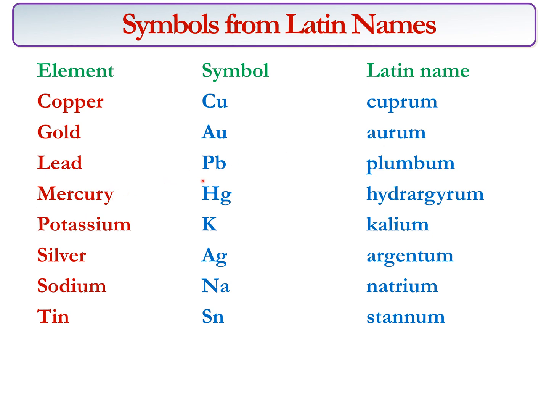Lead is capital P, small b, and the Latin name is plumbum. Silver is Ag, capital A, small g, and the Latin name is argentum. The chemical symbol for tin is Sn, capital S, small n, and the Latin name is stannum.